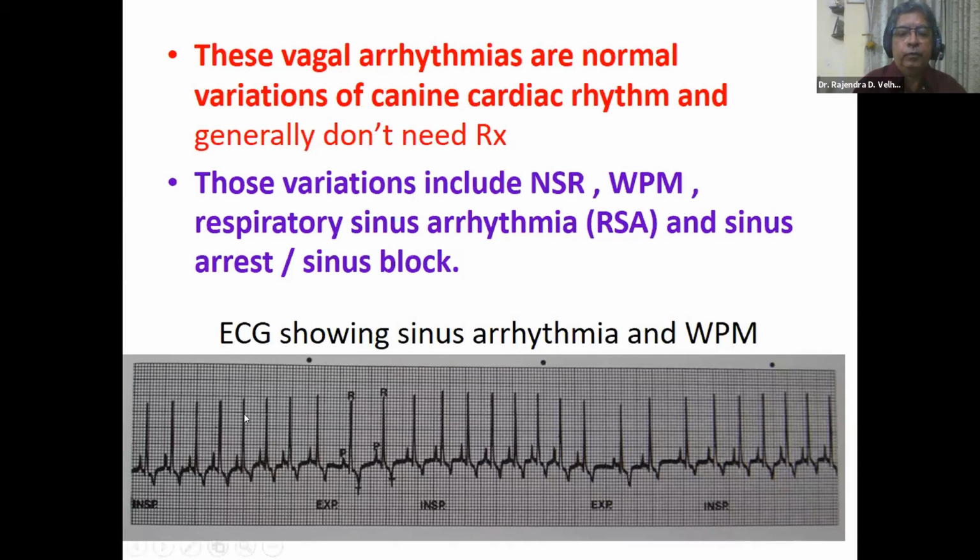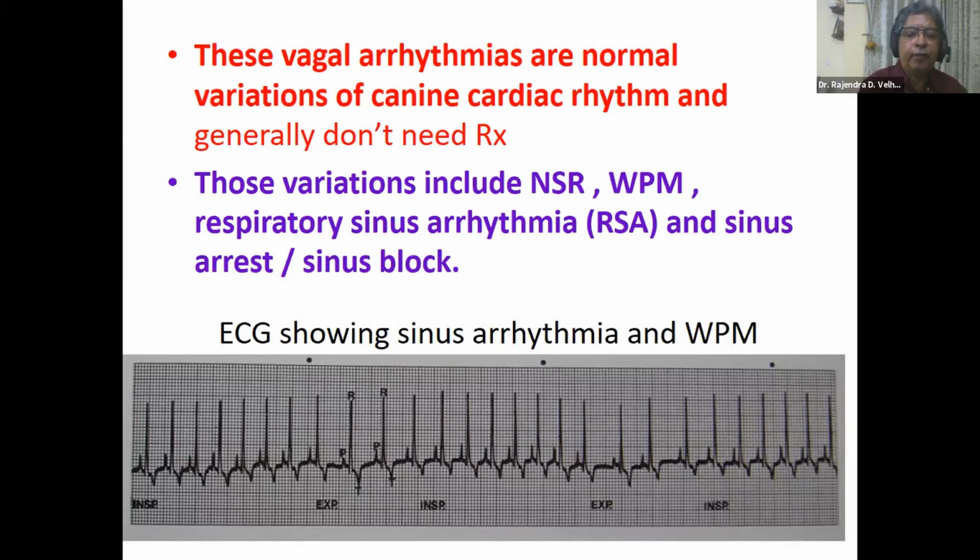Now, the normal sinus rhythm signifies that the RR interval for all the QRS complexes in the rhythm strip is exactly the same. Even if there is the slightest variation, there is a sinus arrhythmia.